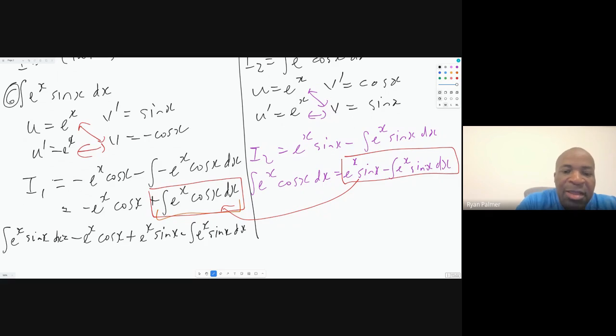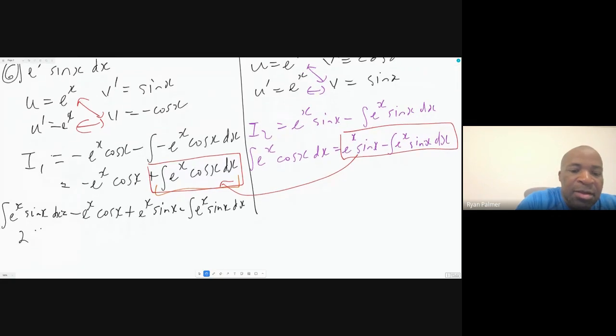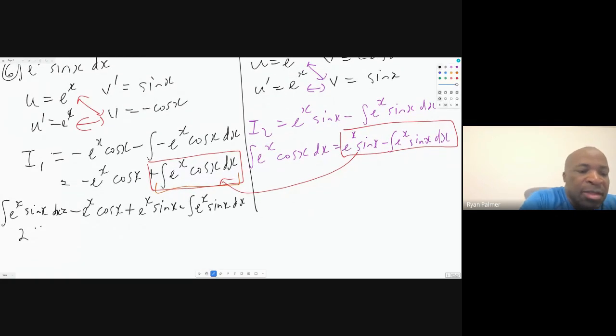If we bring together the integrals, we're going to have two lots of the integral. So two lots of the integral of e to the x sine x dx is equal to minus e to the x cos x plus e to the x sine x.